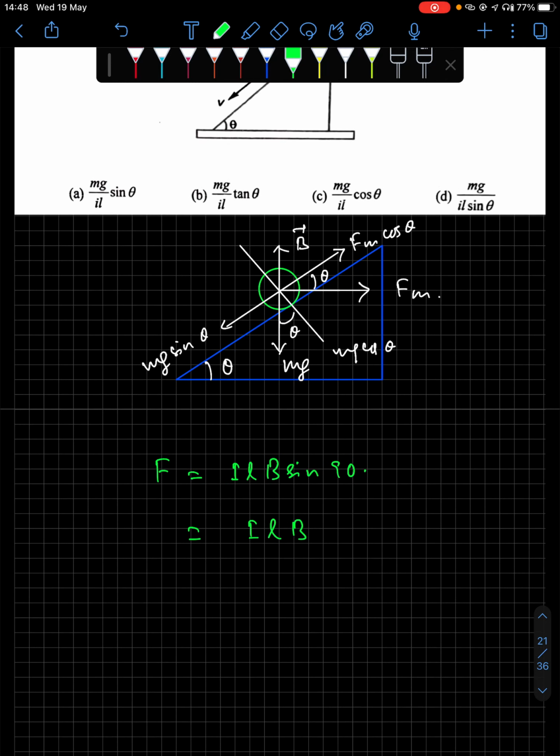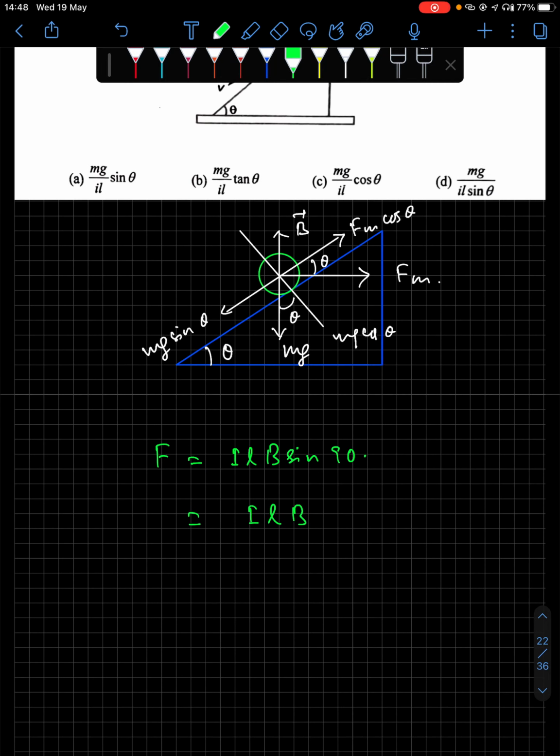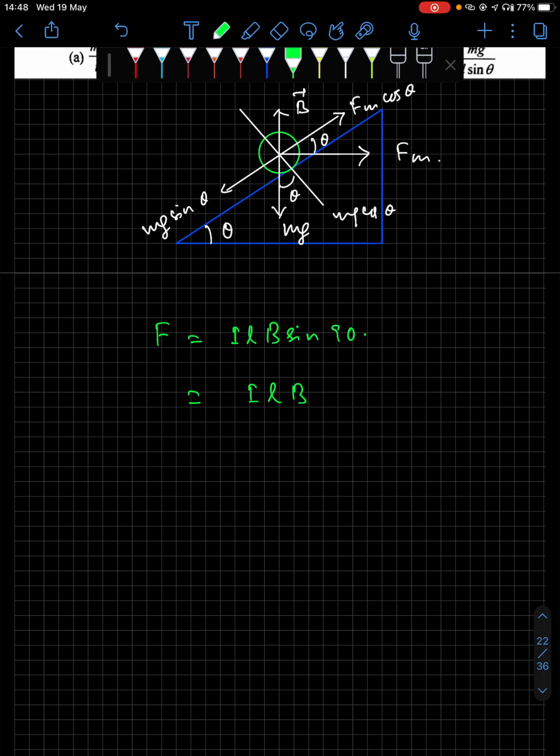Now this is acting along the right as shown in the figure. You can clearly understand from the figure that Fm cos theta is equal to mg sin theta, right? So we can write Fm cos theta equal to mg sin theta.